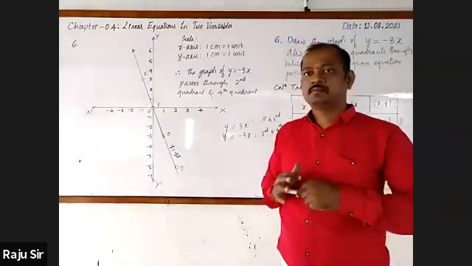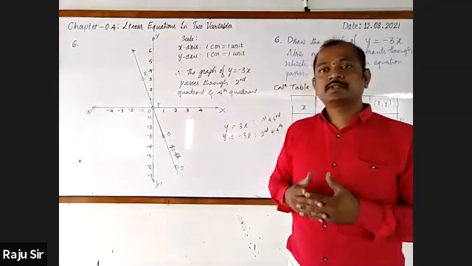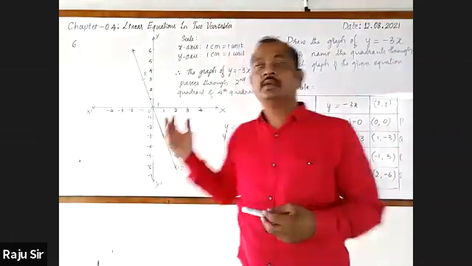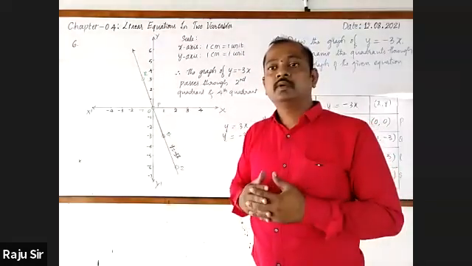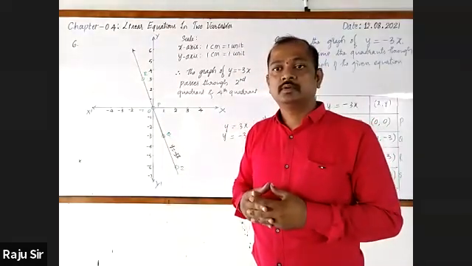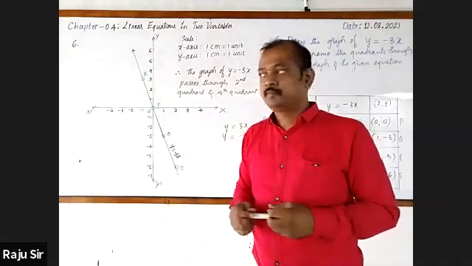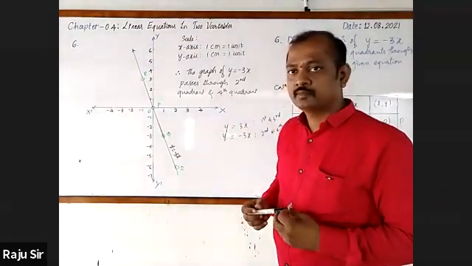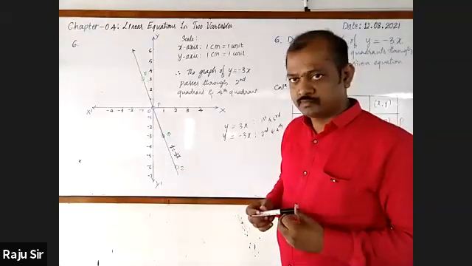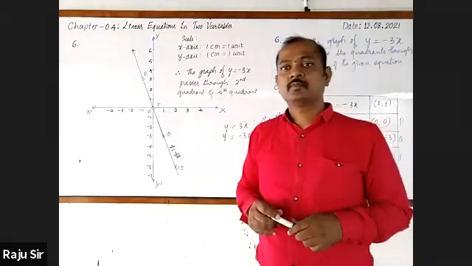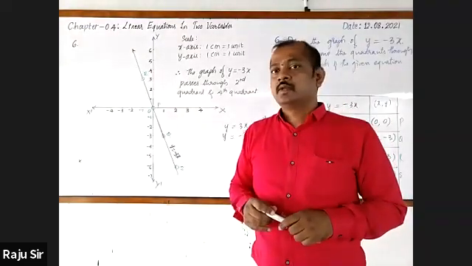I told you, first you tell your name, then I'll give you the chance. Sir, Gaurav. We can conclude that the mirror image will be in the negative equation of the graph.